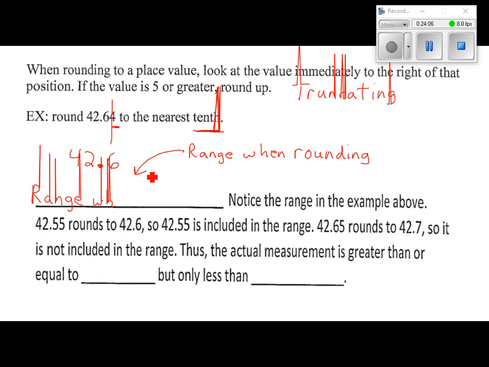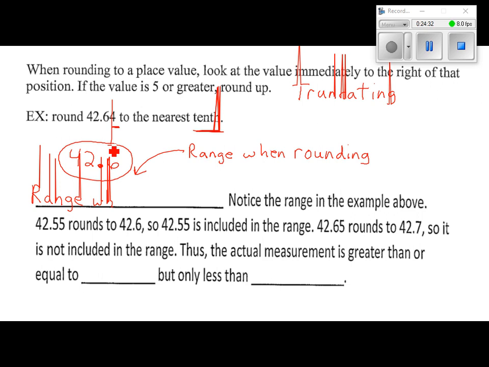You cannot ever get an exact measurement. But Miss Vaughn back here looks at Michael's answer, 42.6, and thinks, "Yeah, I trust Michael. He can measure fairly well." But she doesn't trust him completely to be exactly right, because she knows he can't be exactly right.